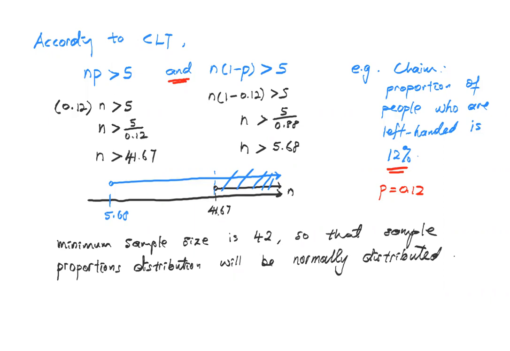Yes, because she used 100. According to CLT, the first step is to determine whether the sample size is large enough, because we know that the proportion variable is definitely not normally distributed.